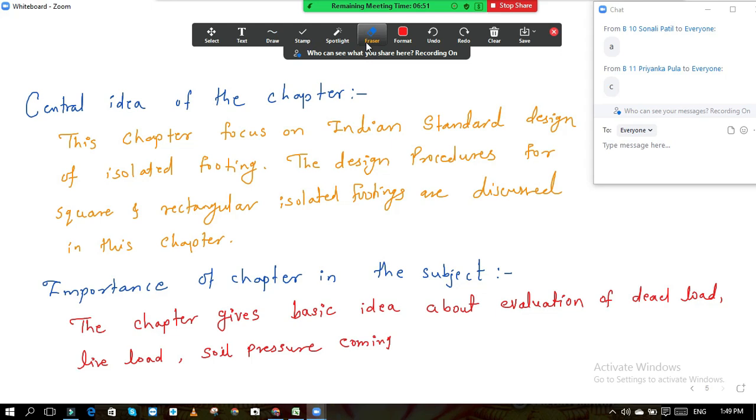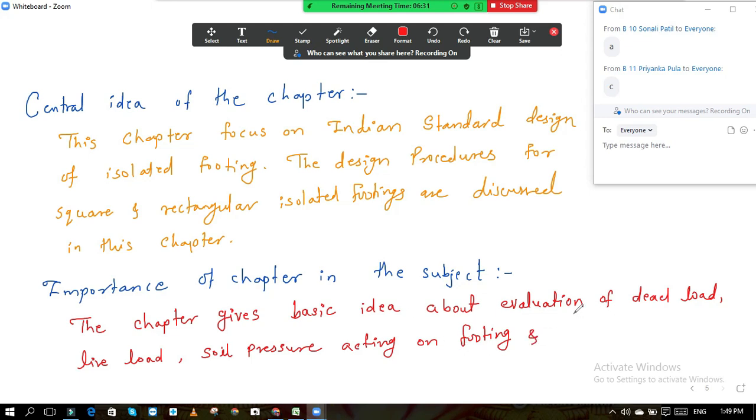Instead of coming, you can use the word acting on footing.